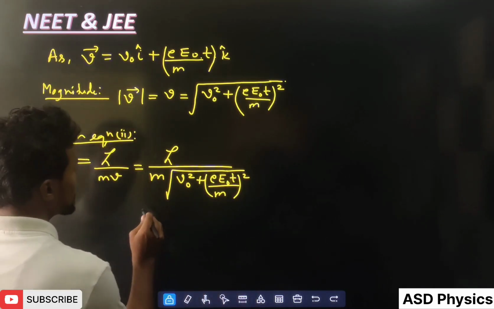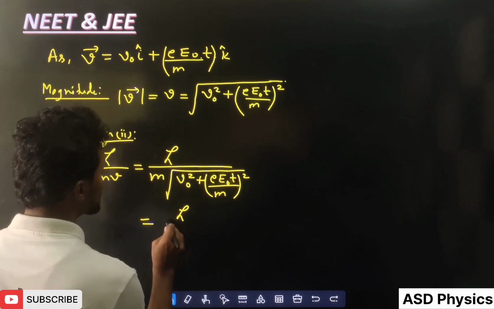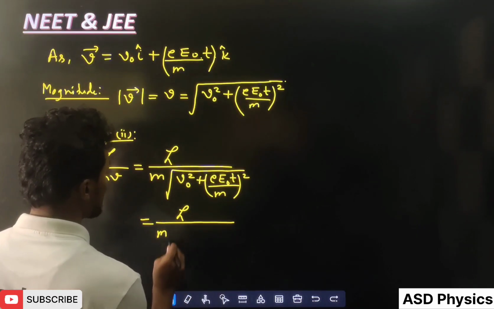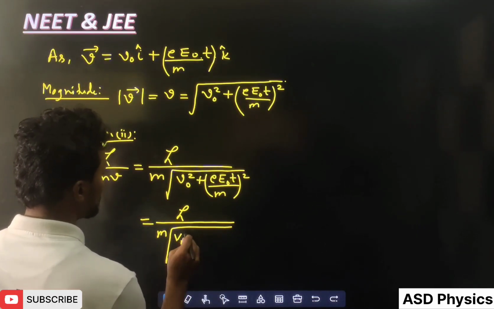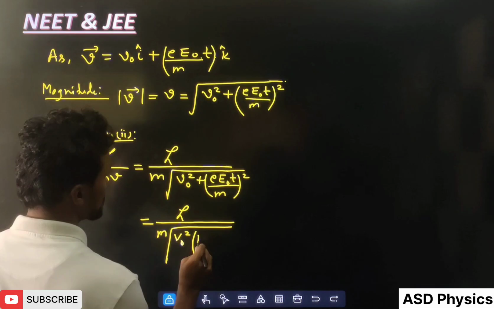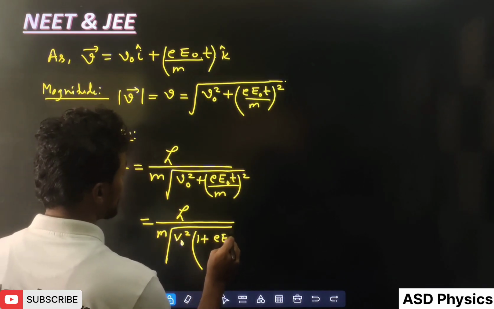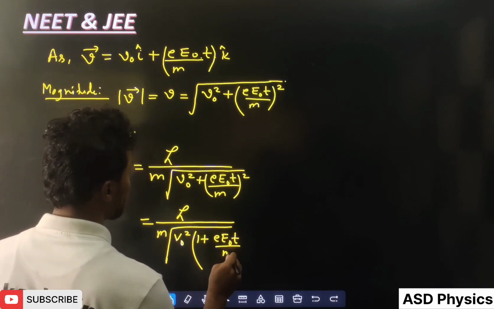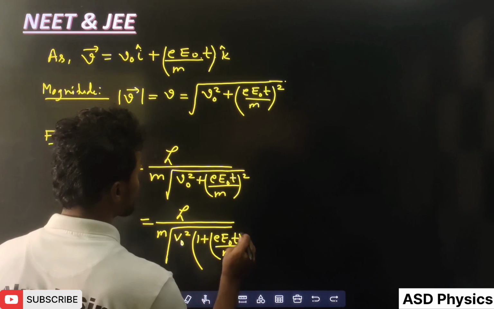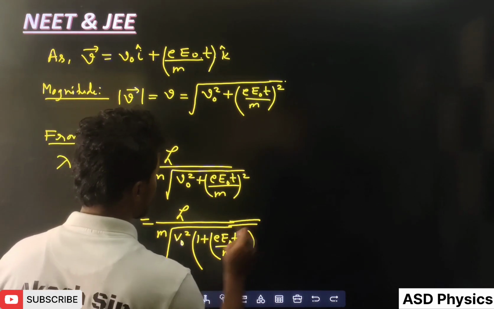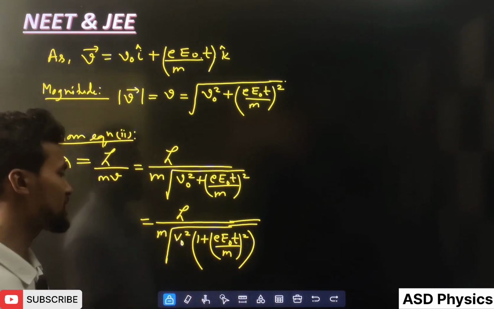Now we'll simplify this further. Can you see h and m here? Inside the square root, I have taken v naught square common, then this will become 1 plus E naught t by m whole square, and one more bracket is there. If you wish, you can write the big bracket also, no problem.